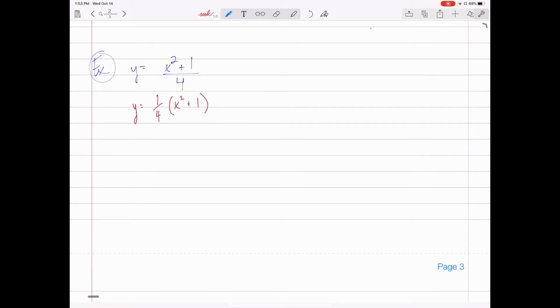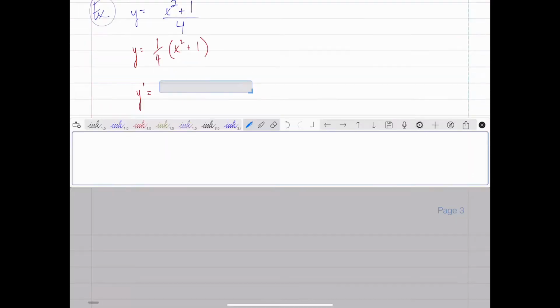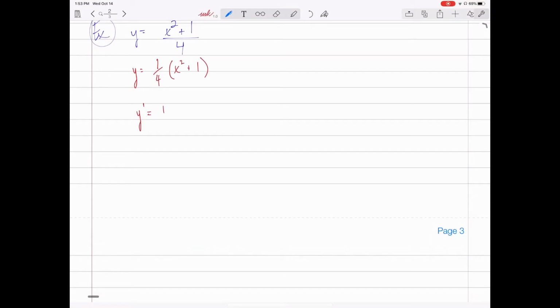So you would get y prime equals 1/4 times 2x. And then the derivative of this 1 is 0. So that's all we'd have. And simplify it. So this would be 1/2 x. Okay, and what we applied right here is the constant multiple rule.